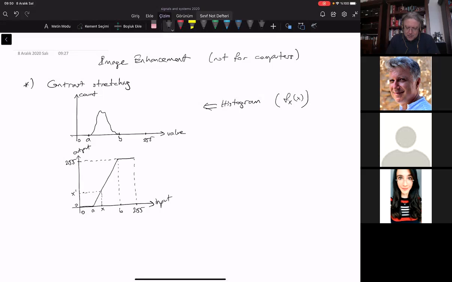So this curve is essentially increasing the contrast because the lightest, the brightest point will be observed to become white, and the darkest point will be observed to become black. And it looks better when you do this kind of a thing.